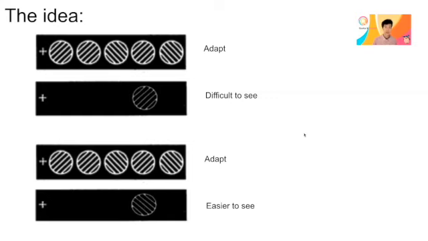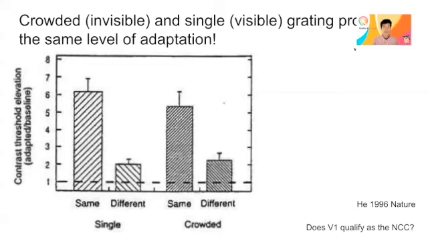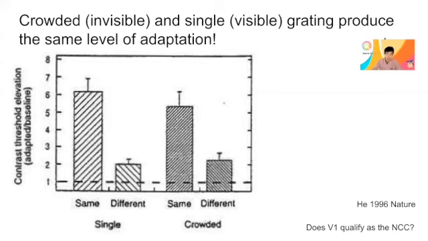That's the idea of the adaptation experiment. So the upshot of this experiment is that crowded, meaning invisible, and single, which is visible, gratings produce the same level of adaptation.